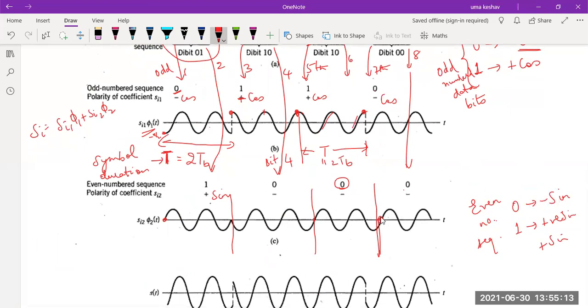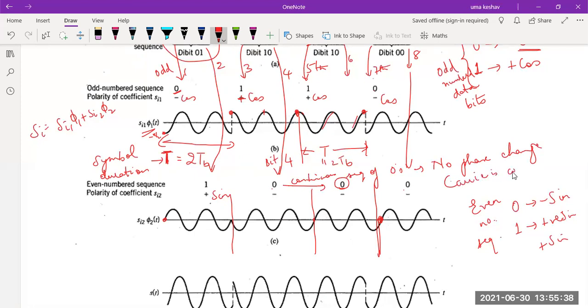But I won't represent it with minus sine because there is no phase change here. I have a continuous sequence of zeros. So no phase change. No phase change means I should continue the carrier without any change.